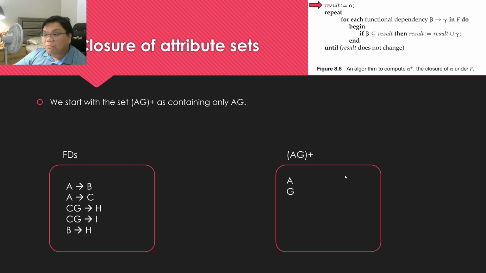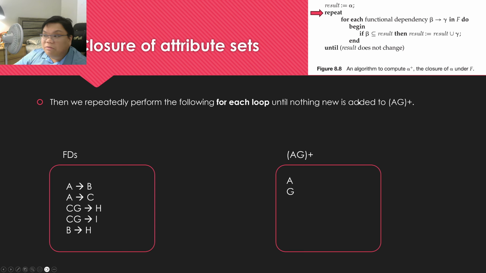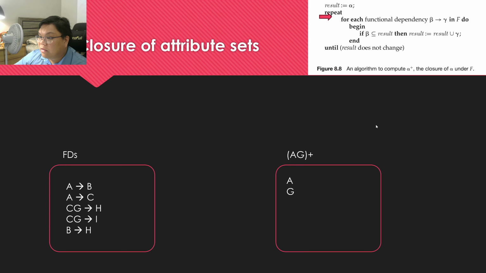We are going to start with AG plus only containing A and G. That is what this assignment operation is doing up here. Set AG plus to only contain A and G. Then we repeatedly perform this for each loop until we add nothing new.